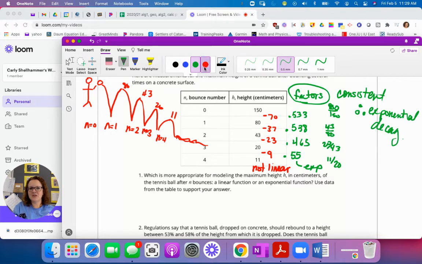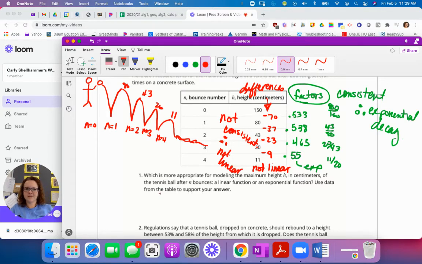Okay, these are called differences. Not consistent. Therefore, not linear. Right?